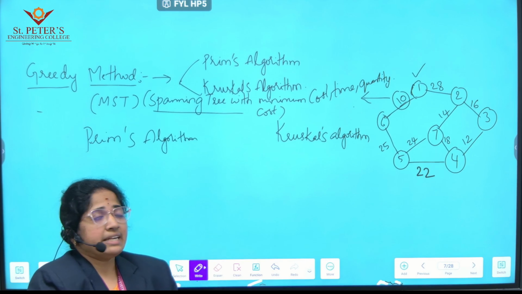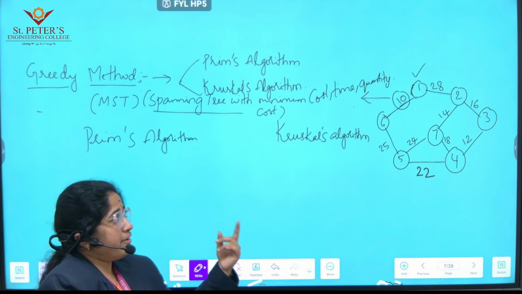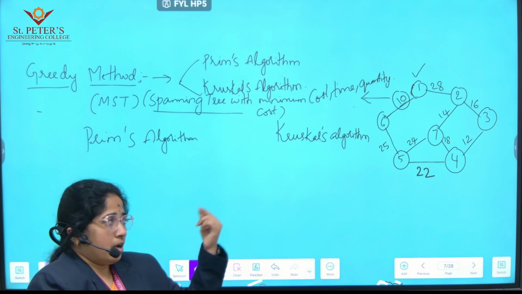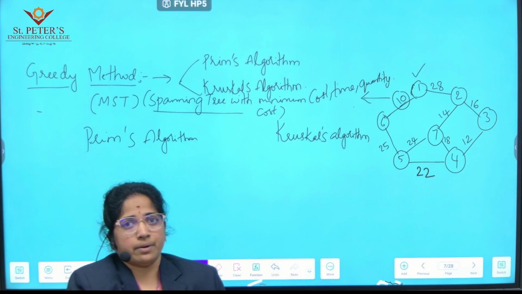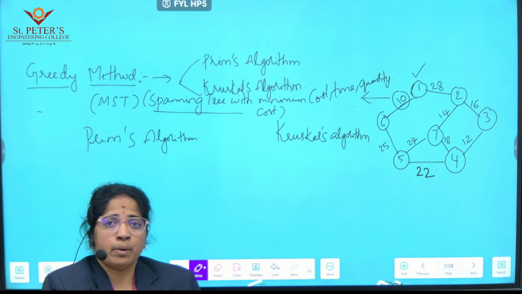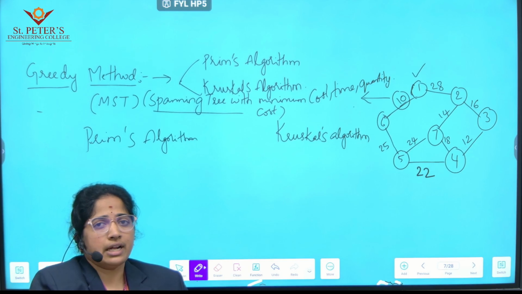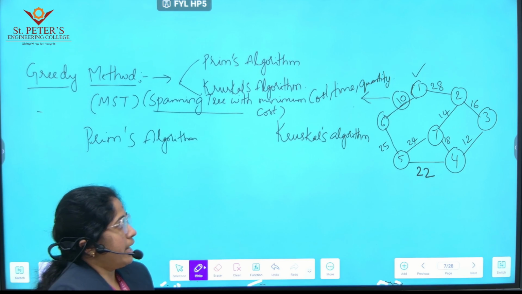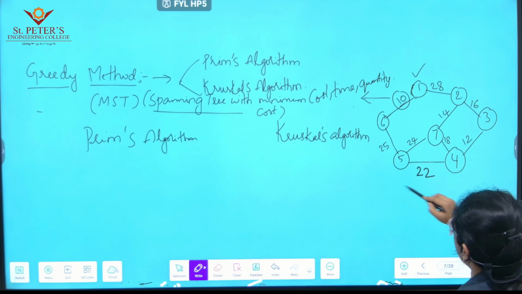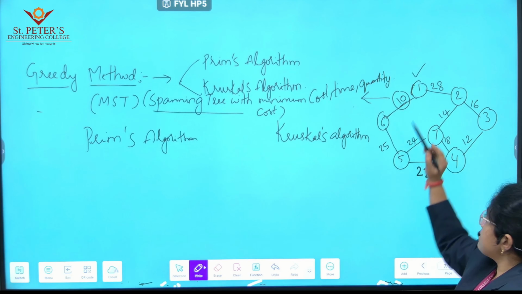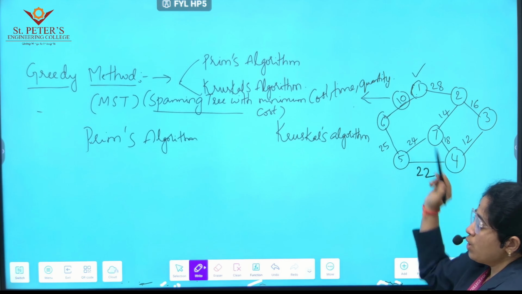The main condition is, when we are drawing an edge from one vertex to another vertex, it should be connected, and we need to select the minimum cost edge within that connected graph. For example, the minimum cost edge here is from 1 to 6.